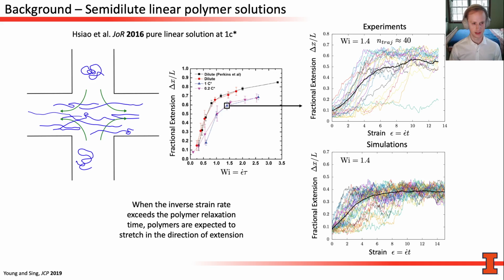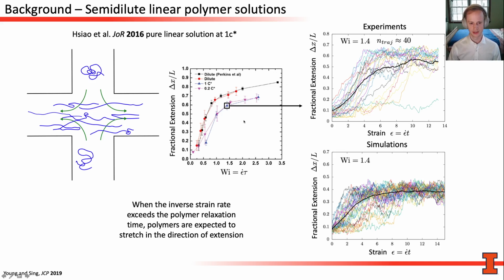Before I jump into the ring linear blend results, I'm going to cover some background on pure linear polymer solutions. These are results from a study done in Charles Schroeder's group back in 2016, where they apply planar extensional flow to a pure linear polymer solution and vary the Weissenberg number and the concentration.